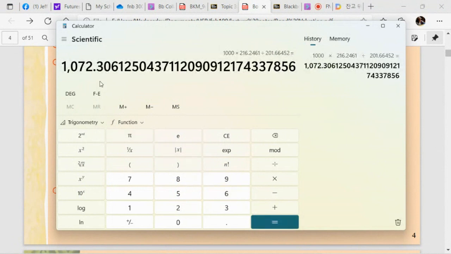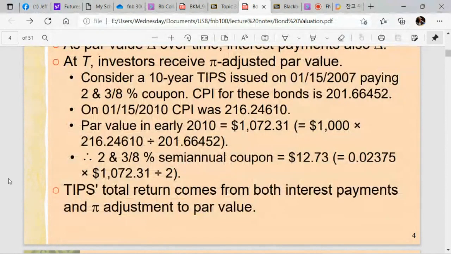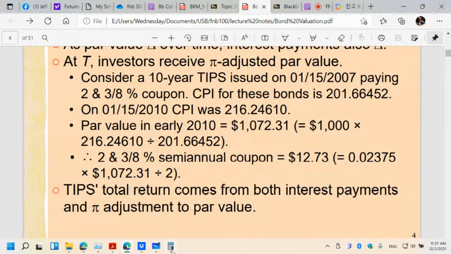Yeah, so we got 1,072.30, and then times the coupon rate, which is 2 and 3/8.